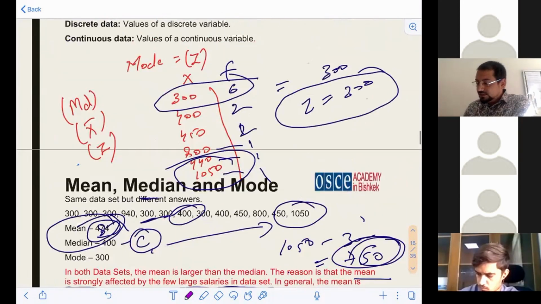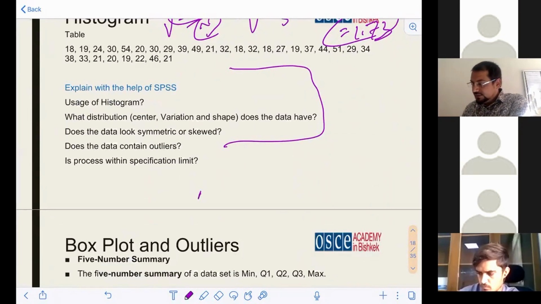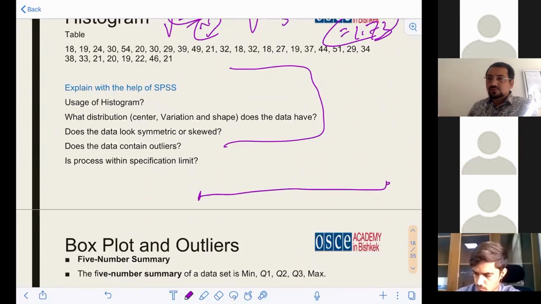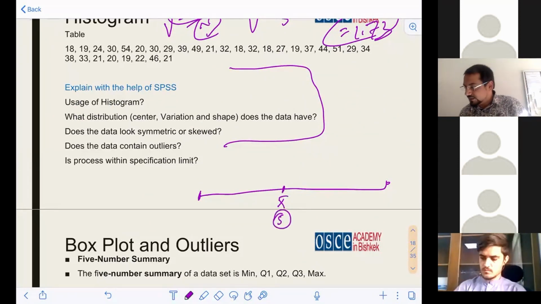What I was trying to say a couple of minutes ago is that standard deviation actually helps us to know the dispersion of data, how your data is dispersed, how large your data is. For example, let's say my mean is 5, and my standard deviation is 3.